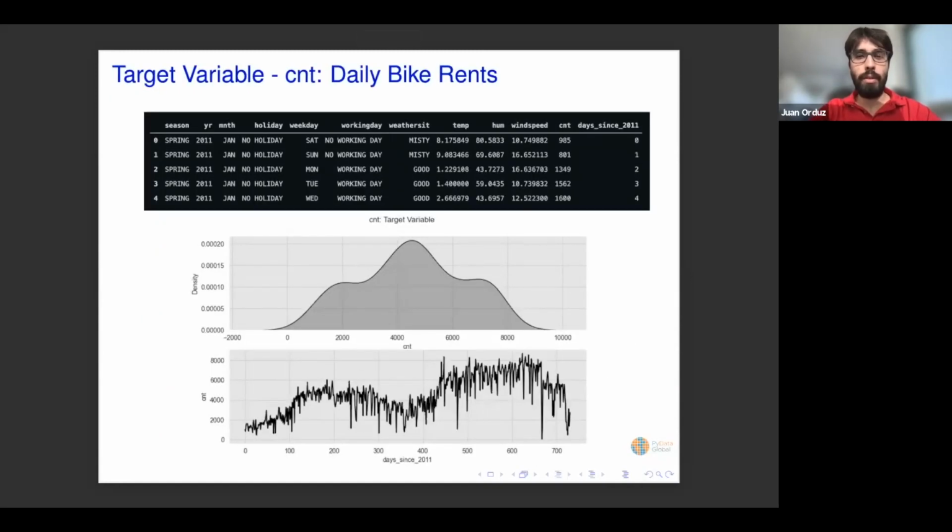Okay, let's go into the concrete use case. This is probably a known data set. What we try to predict here is the count of rented bikes over time. This is a glimpse of how our pandas data frame would look. Our target variable is the CNT, which denotes counts, and it's integers and positive values.